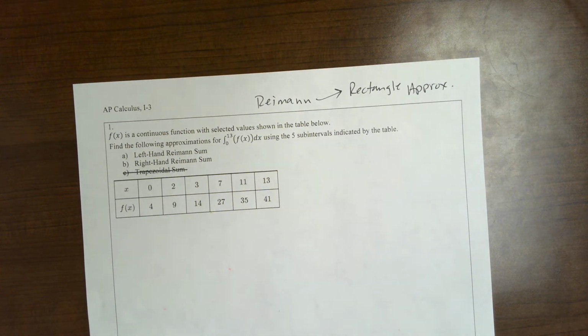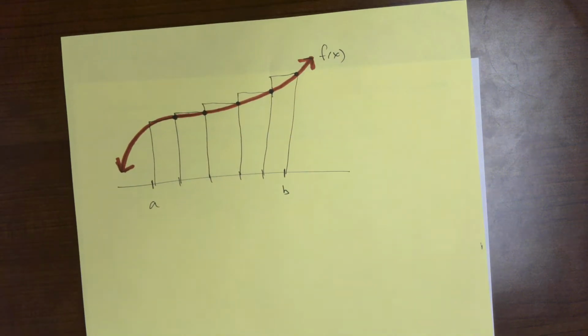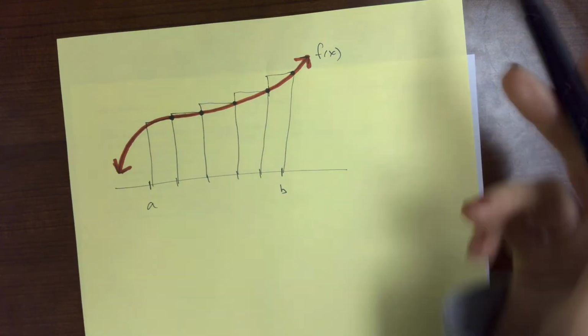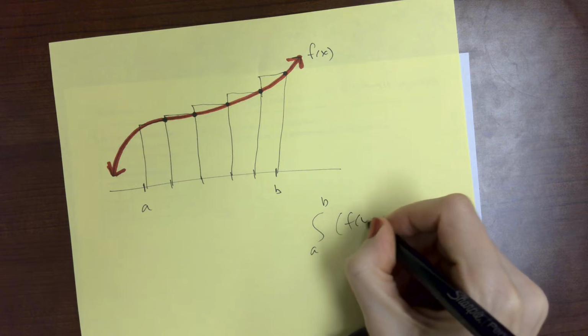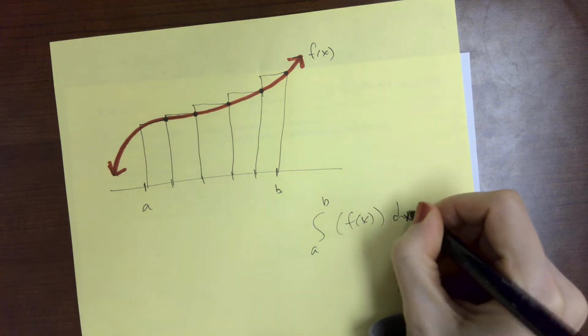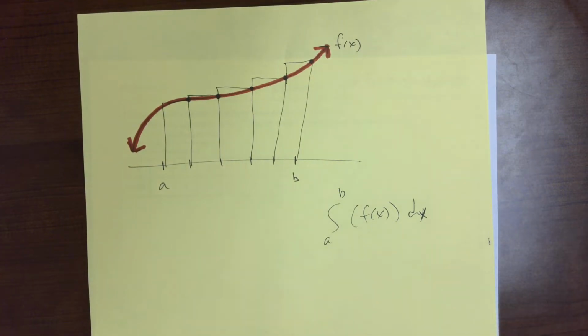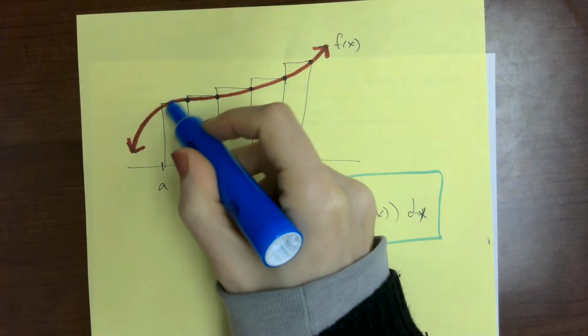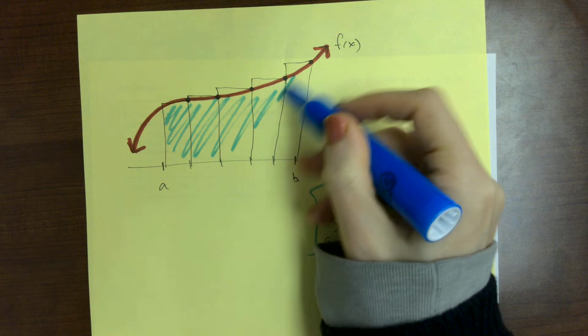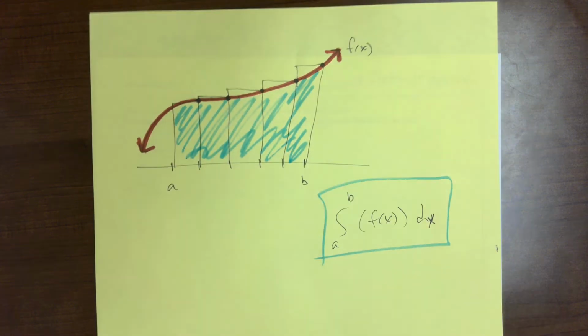So here we've got some function f of x, and the integral from a to b of f of x. What this means is the area under the curve, and this means actually the exact area under the curve.